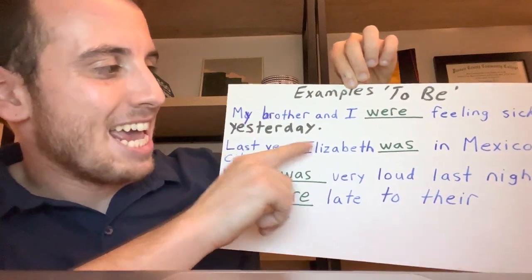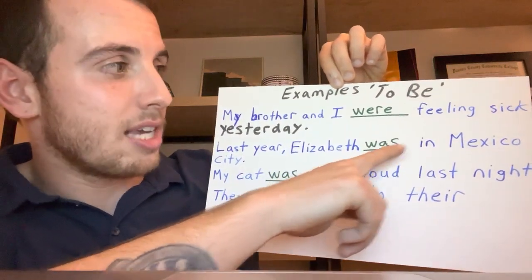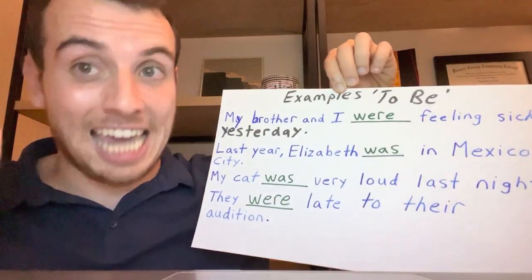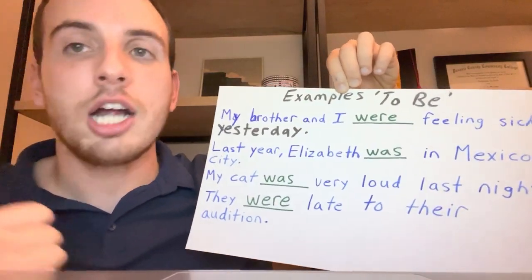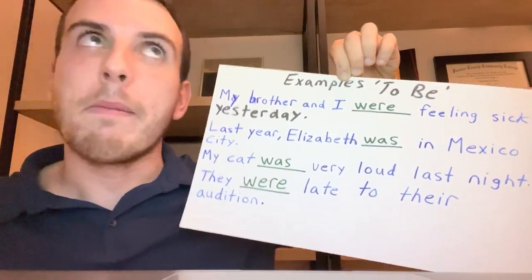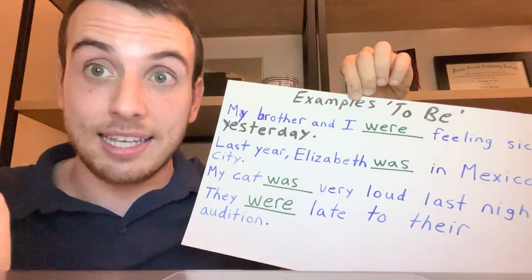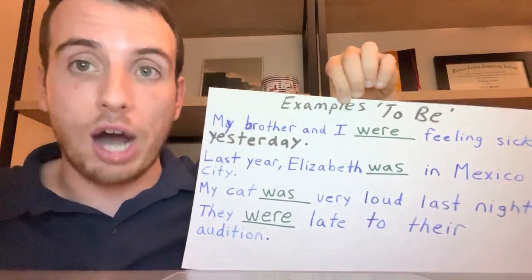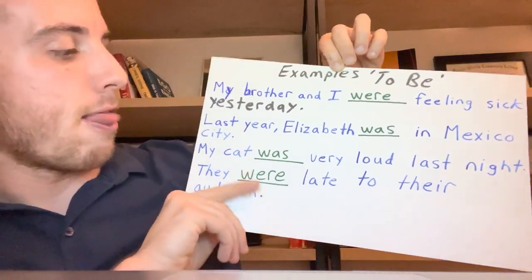Last year, Elizabeth was in Mexico City. She went on a vacation last year. She was in Mexico City. Maybe now she is in Los Angeles, but she was in Mexico City.